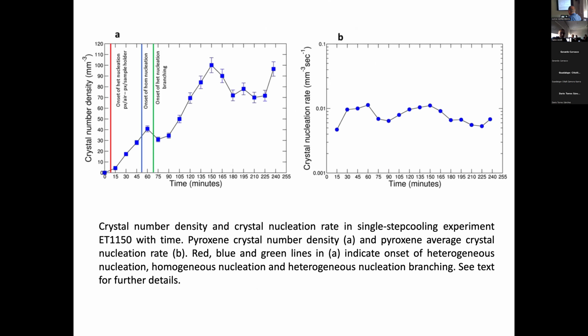So what I wanted to show is this crystal number density. Here we are counting the number through time for pyroxene. We have this heterogeneous nucleation at the beginning, related to what I said before, the crucible wall and so on, and possibly some oxides.